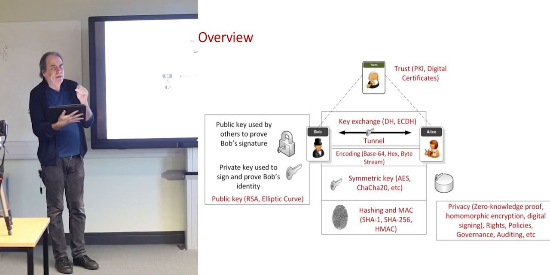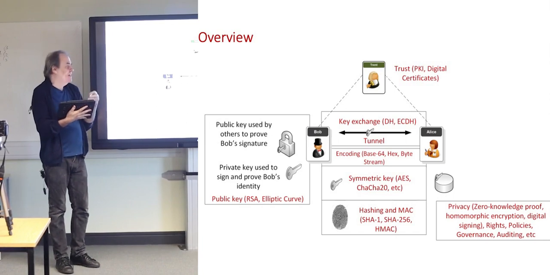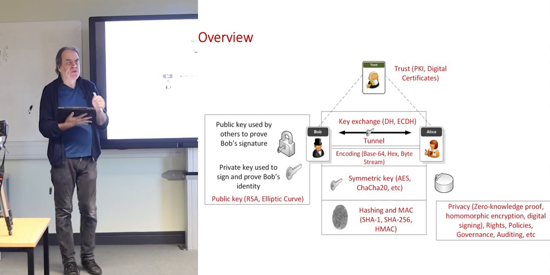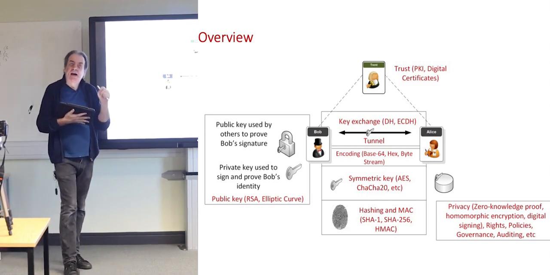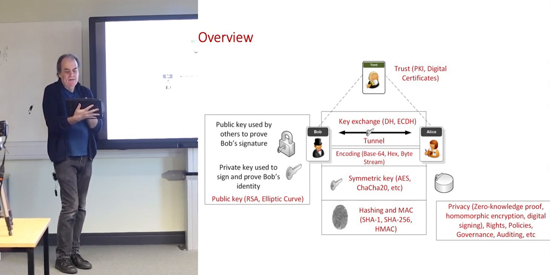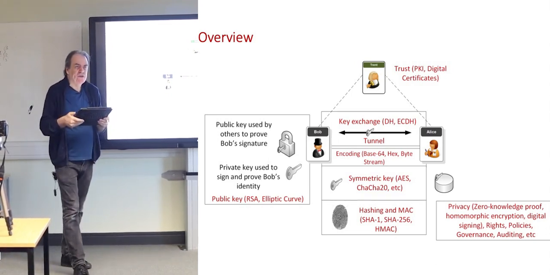So how does she get the public key? Well, luckily, we have Trent. Trent signs the public key so that Alice knows that that is a true public key for Bob. And then this becomes a trust authority and looks after the keys for us.